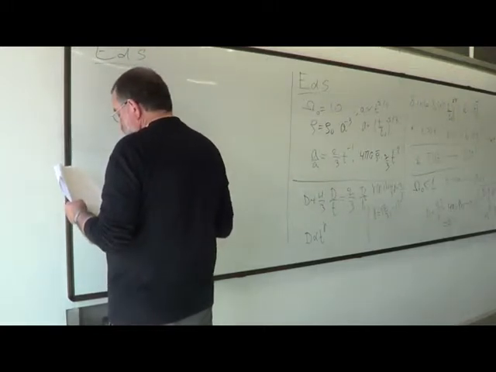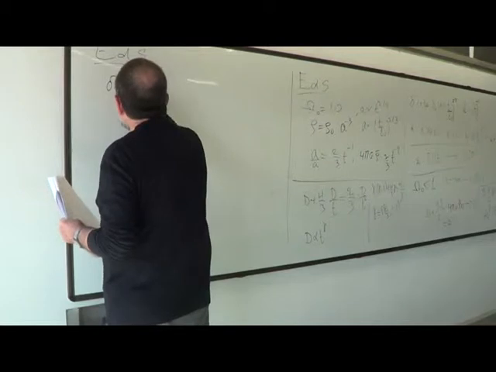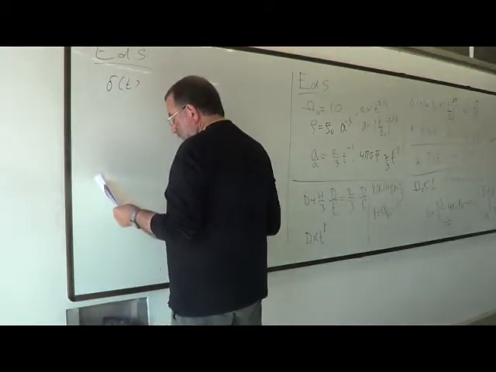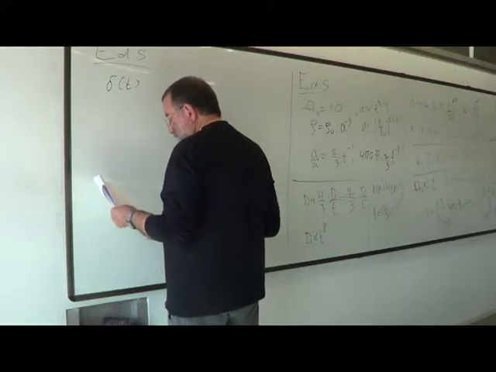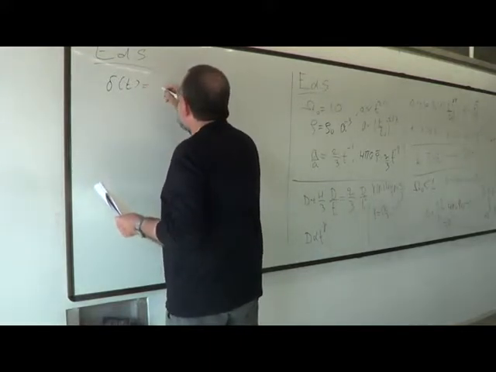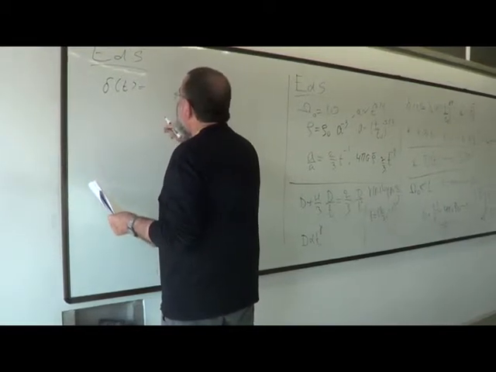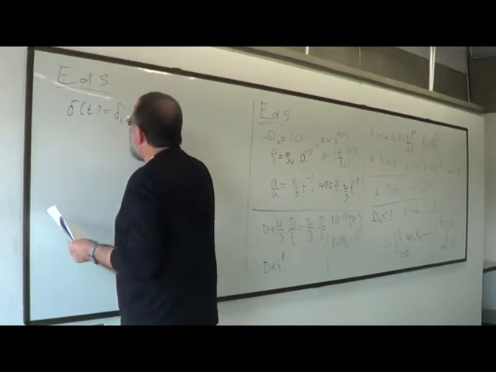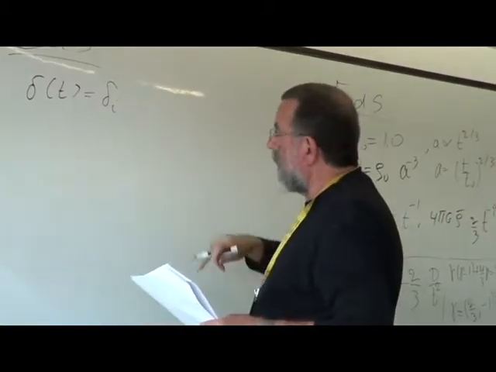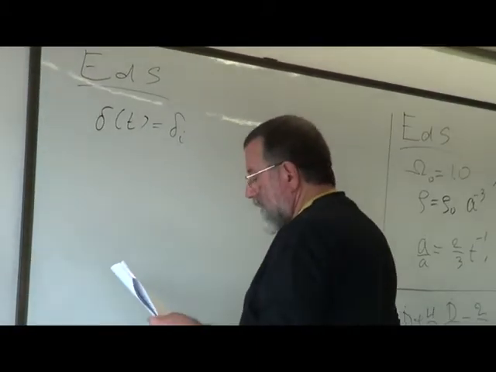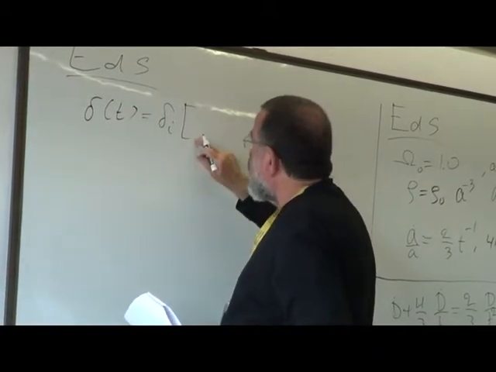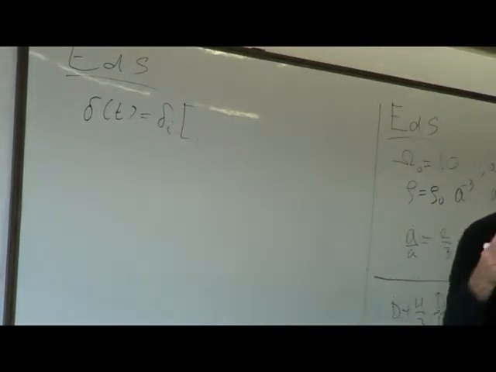And I have here a delta of t, let's call it some initial profile. So I put in the profile with delta i, and now I write it as having 2 components, one for the growing mode and one for the decaying mode.